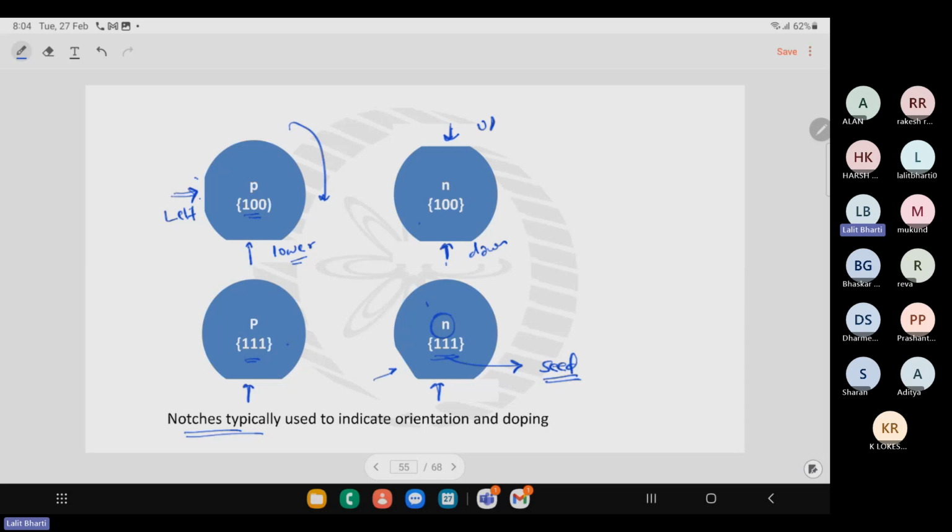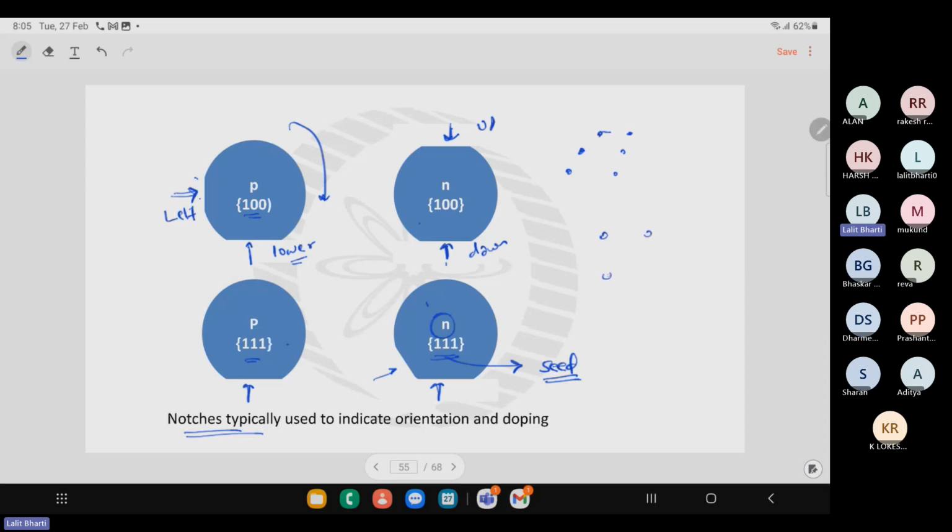So these are basically, if you go to the lattice structure, these are your lattice planes. Do you know about these crystal lattice structures, simple cubic, face centered?